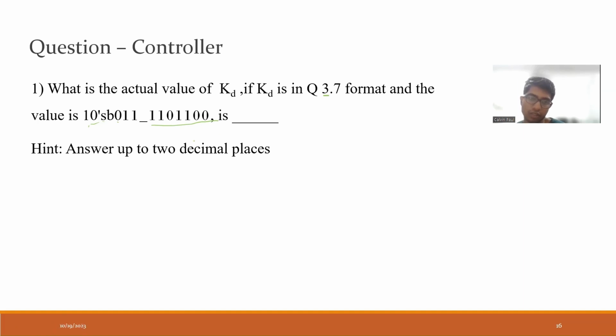How to do this? This is 2 raised to 0, this 2 raised to 1, 2 raised to -1, 2 raised to -2, 2 raised to -4, 2 raised to -5. When you add all of these, the exact value is 3.8437.